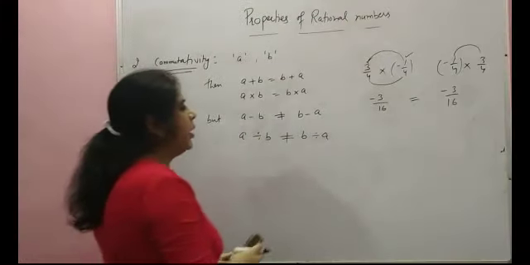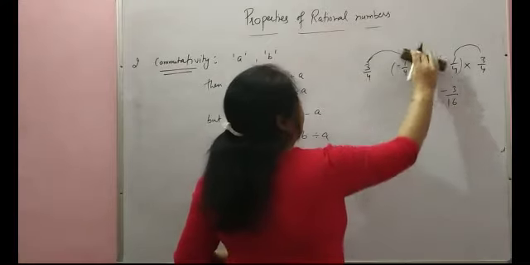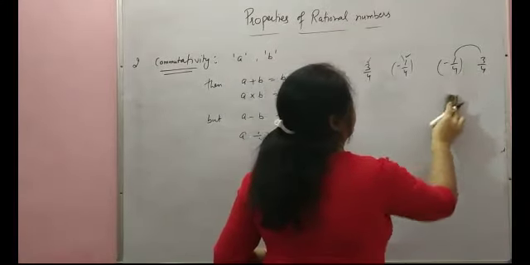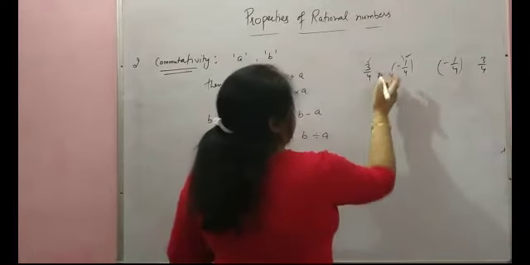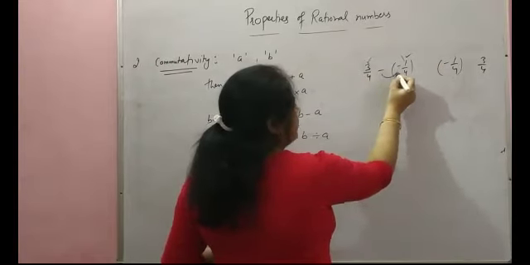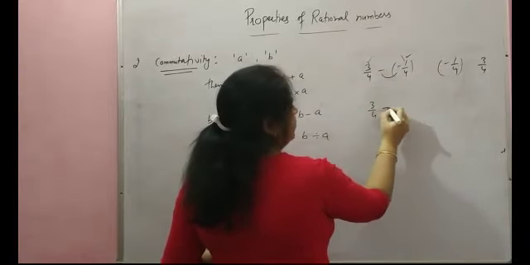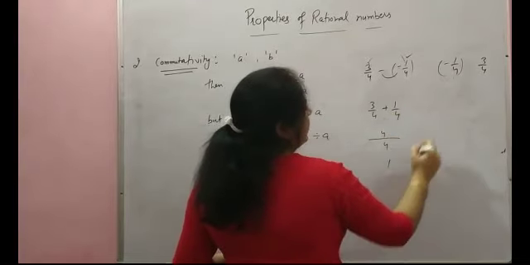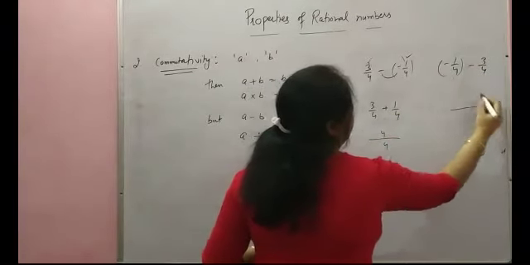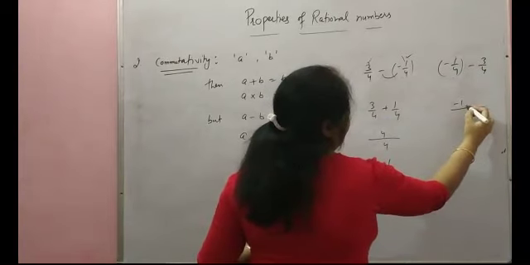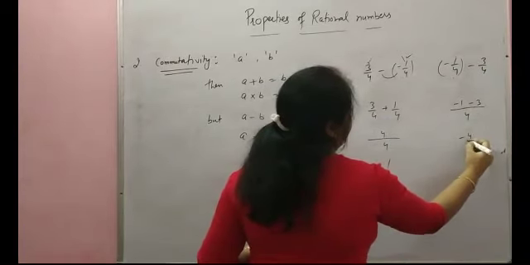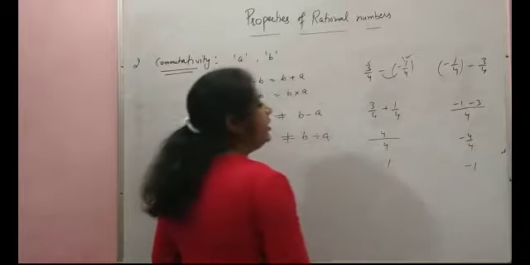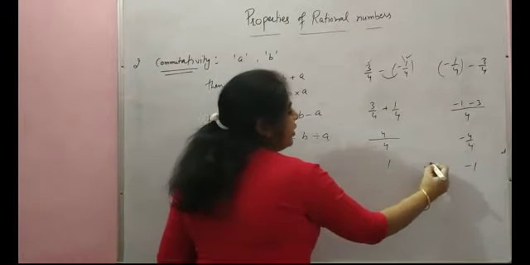How? See, if we take subtraction, minus minus becomes plus. So what would the answer be? 4 by 4, that is 1. If we subtract in the other order, 4 is the LCM, minus 1 minus 3, minus 4 by 4, so the answer would be minus 1. So these two are not equal.